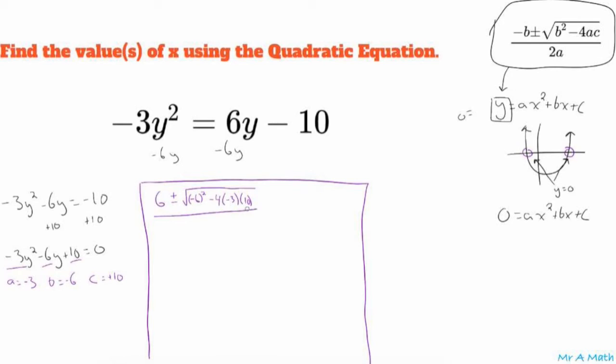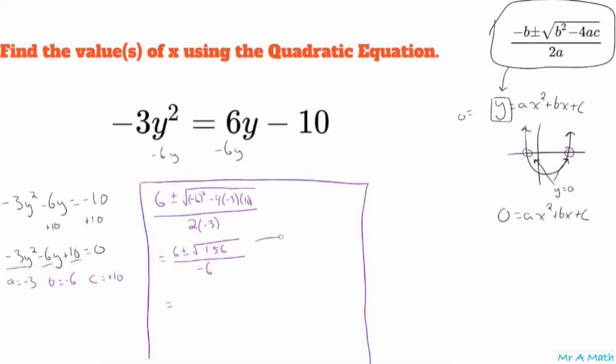And that's all over 2 times a, which is 2 times negative 3. So this is equal to 6 plus or minus square root. And if you do all of this math, you're going to get the square root of 156 over 2 times negative 3, which is negative 6.